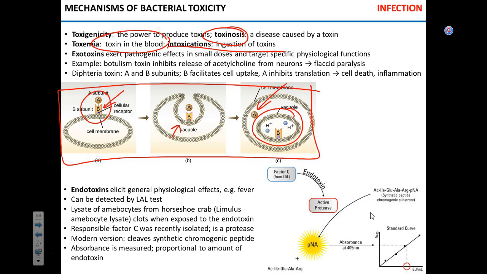Gram-negative. So the outer membrane of gram-negative cells. And remember, I showed you a little scheme of how these endotoxins get released. When the cell explodes, the cell lyses, the fragments of the outer membrane go into, say, the bloodstream, and endotoxins are in the bloodstream. Does that make sense?